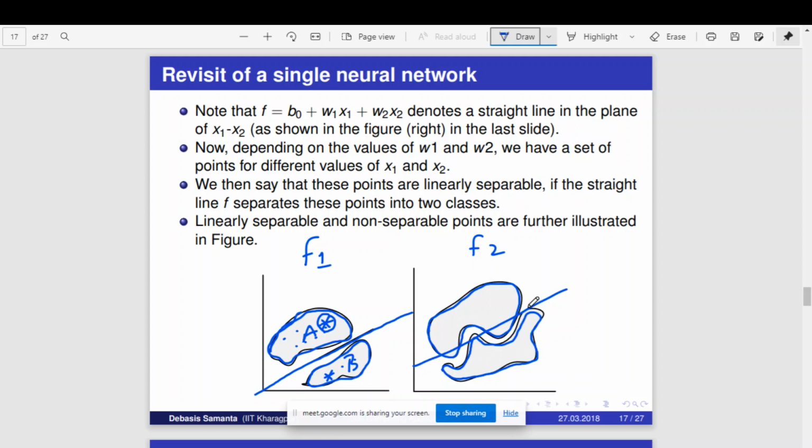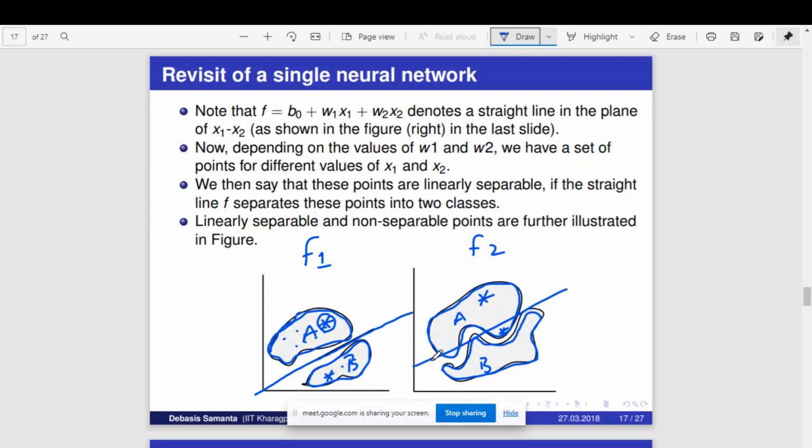If you give this point, it is above this straight line, so I will say it is in A category. But if you give this particular point, this point is below this line, but still it is in A category, it is not in B category. So you cannot always say that if it is below this line, it is B category.